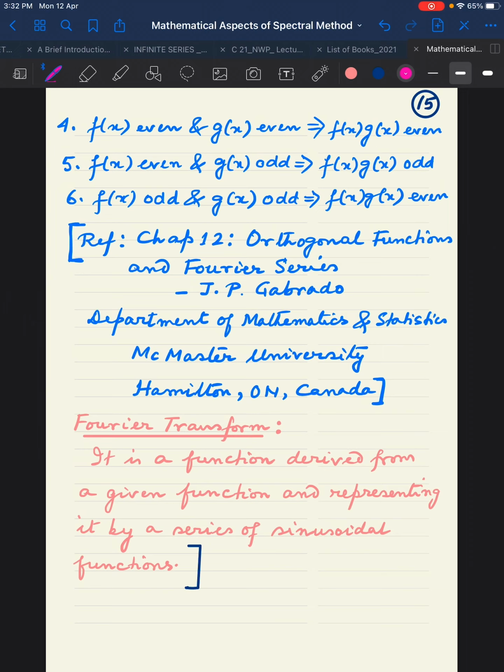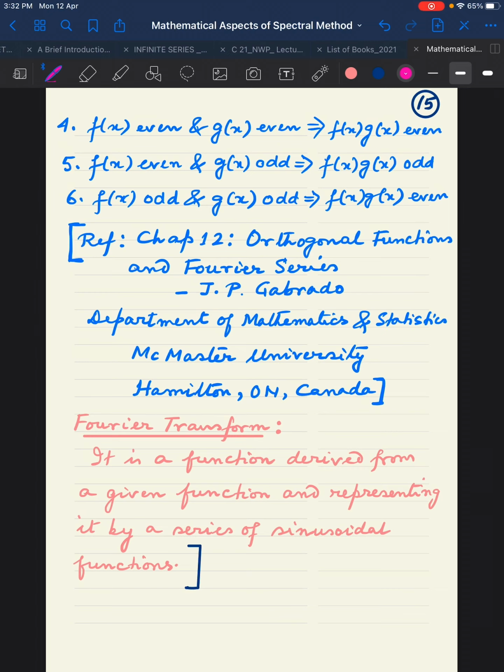Next, if one is even and the other is odd, then their product is odd. And if both of them are odd, their product is even. These are very important results to be applied in solving differential equations, especially by numerical methods. So don't forget that.